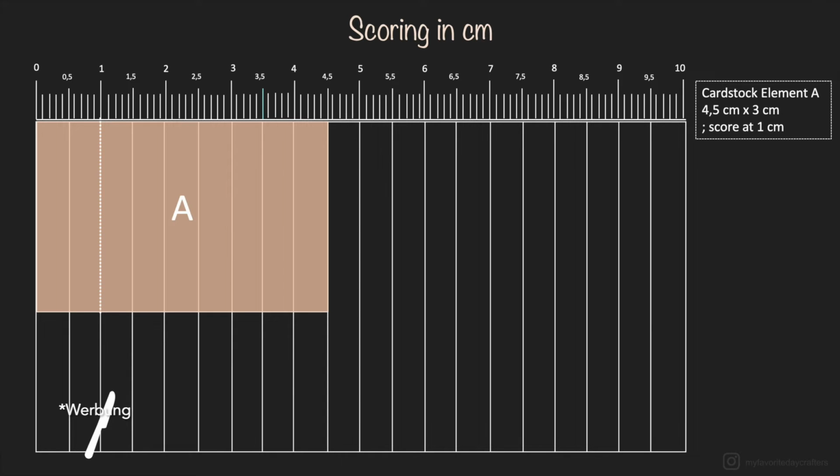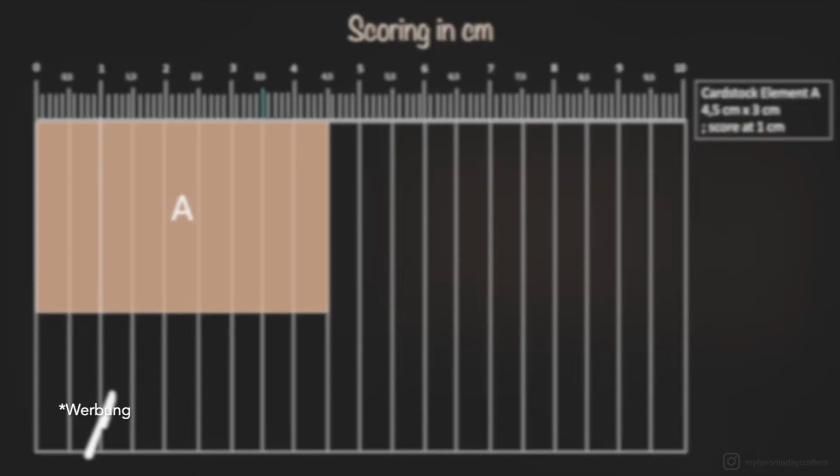I really found some scoring boards with the scale in centimeters, but then the lines or the guides for the scoring, which you would really need to score your paper, are actually in steps of inches, which doesn't really make sense. I don't know why it is like this. So yeah, just be careful.